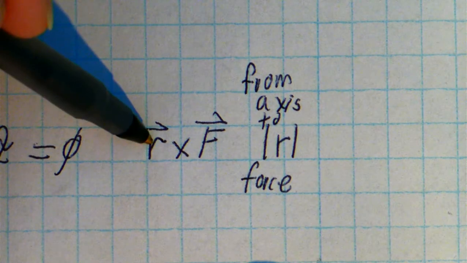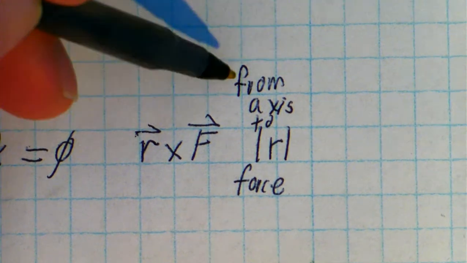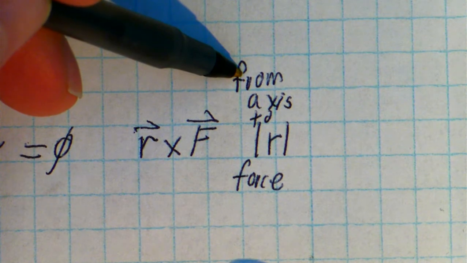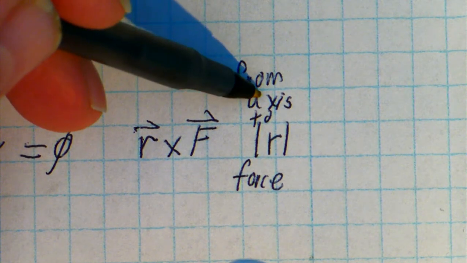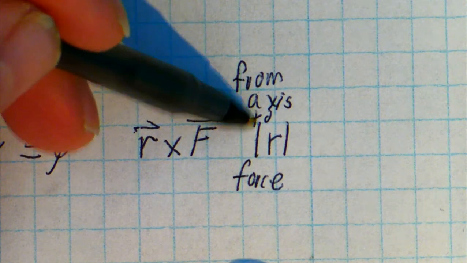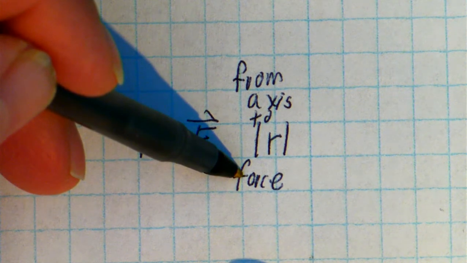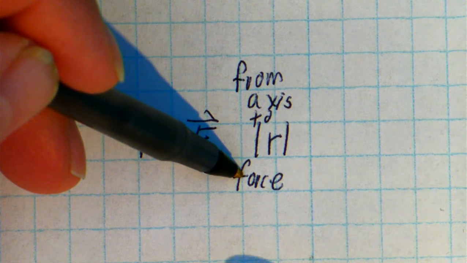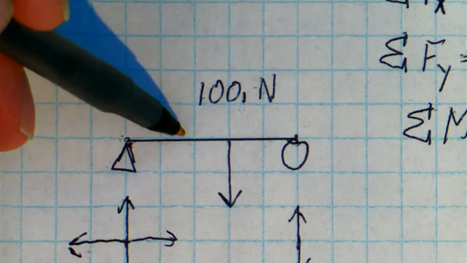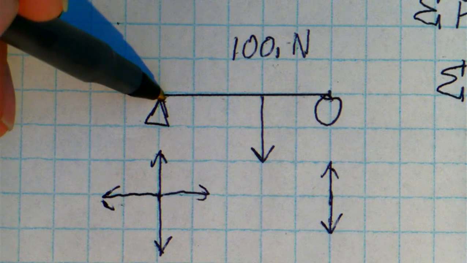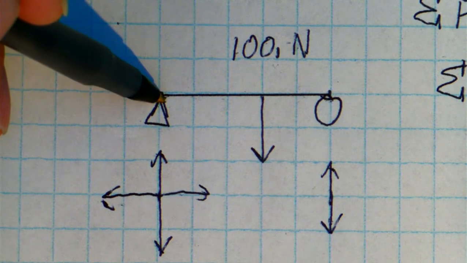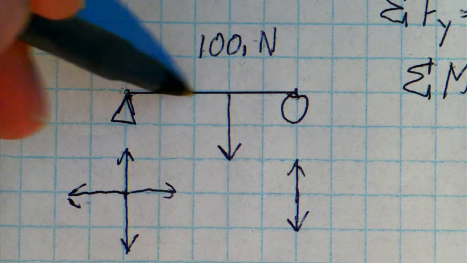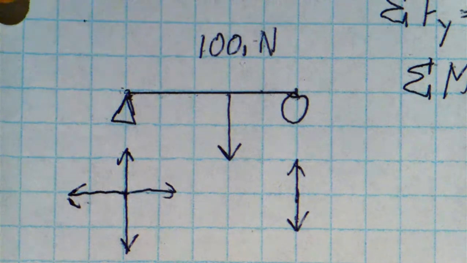The first vector, r, is the distance measured from whatever axis of rotation you choose to the point where the force is being applied. In this example, I'm choosing to put my axis of rotation at the pivot point, but that is arbitrary. I could have put it anywhere I want.